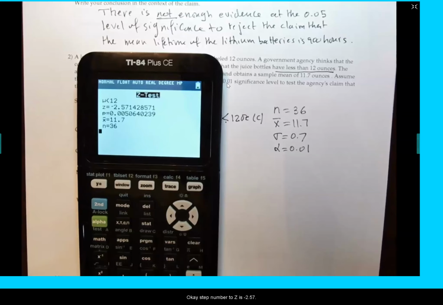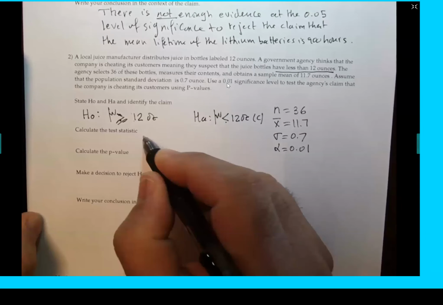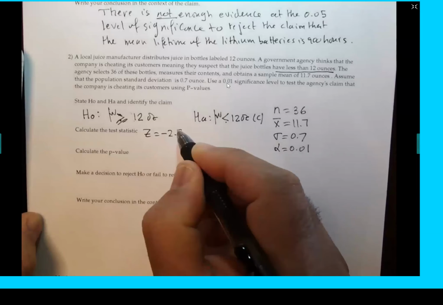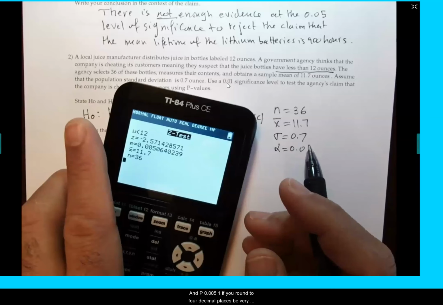Okay, step number 2, z is negative 2.57. I'll write it down. And p is 0.0051 if you round to 4 decimal places.